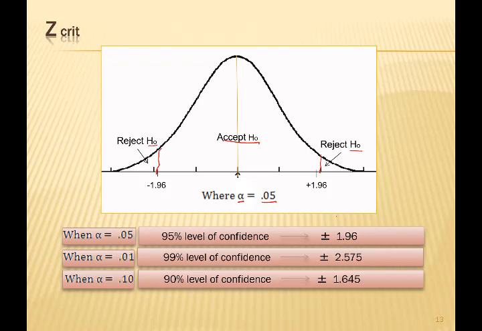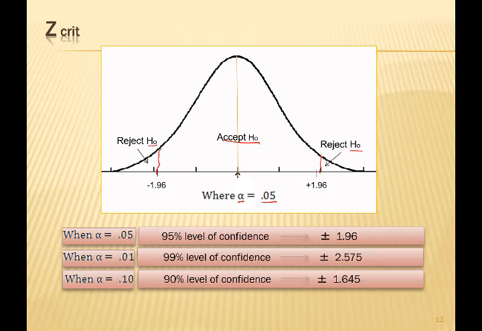But if our z obtained is large enough and we could reject the null hypothesis quite easily, then we can push the envelope a little bit and use alpha of 0.01 to see if we can still reject a null, because ultimately we want to be able to reject a null hypothesis.